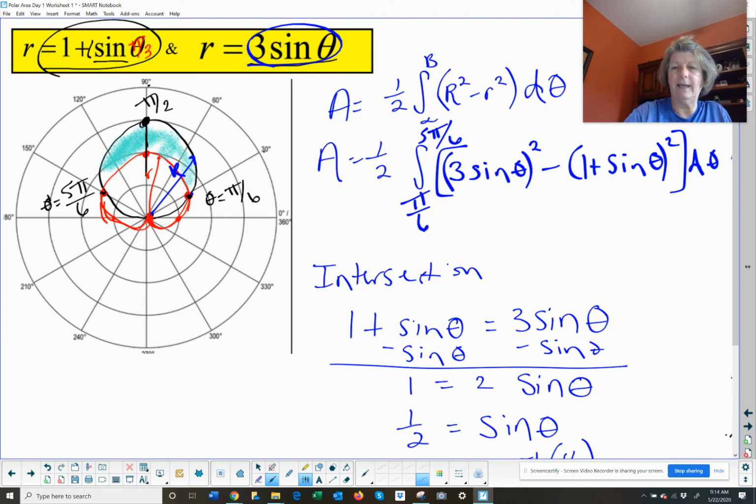And that will take care of the area calculation for it. The area turns out to be, oh, this is crazy, it turns out to be pi.